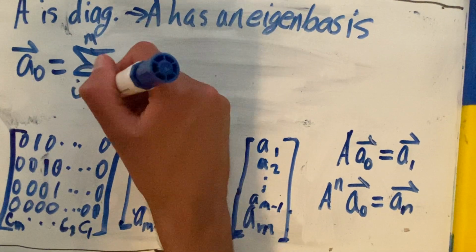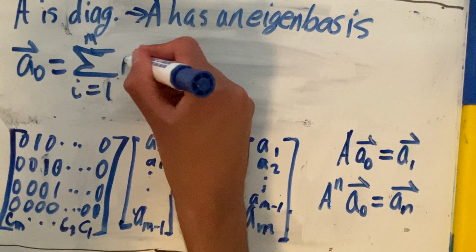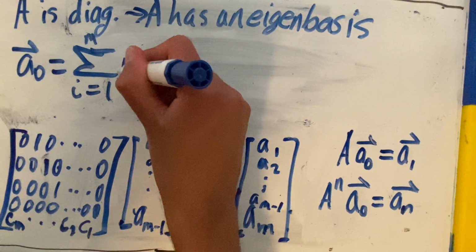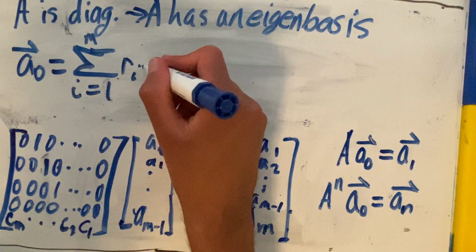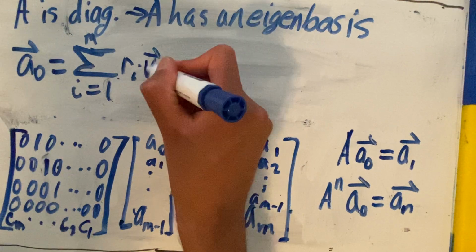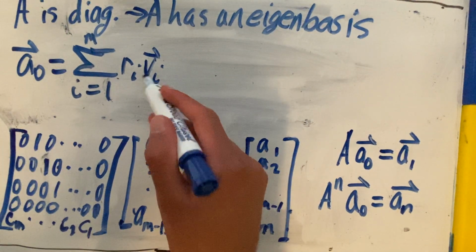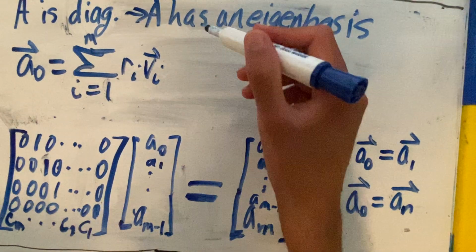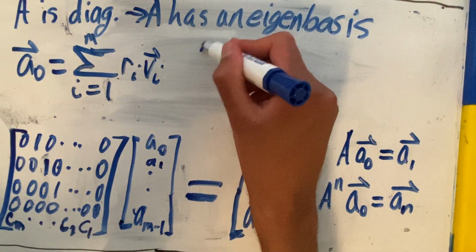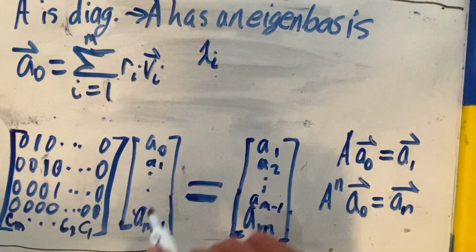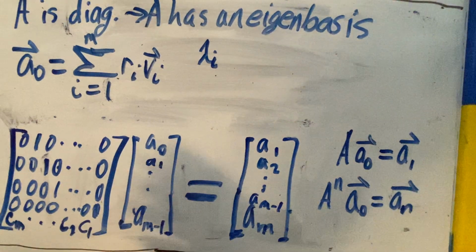So i equals 1 to m of r_i, which is just going to be some constant value, times an eigenvector, v_i, of A. So the v_i are eigenvectors of A, and each eigenvector will have an associated lambda_i, which is an eigenvalue.